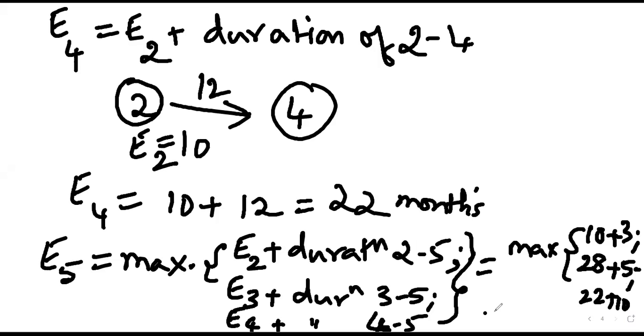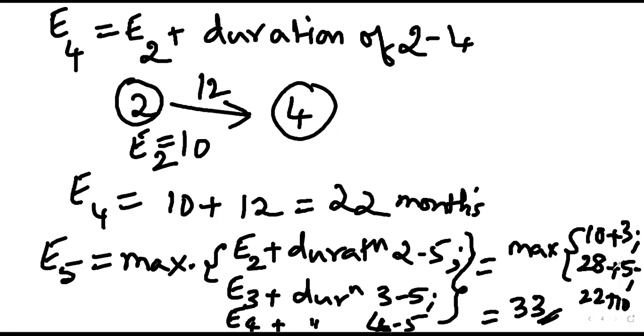So what is the answer? The maximum value should be 33. So E5 should be 33, and E5 can also be considered as the project completion duration always. So at least 30% of the problem we have finished.